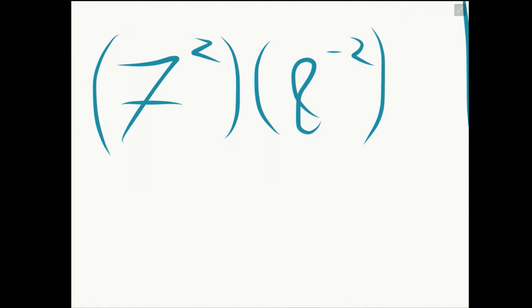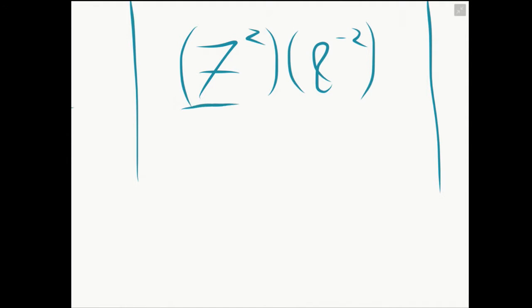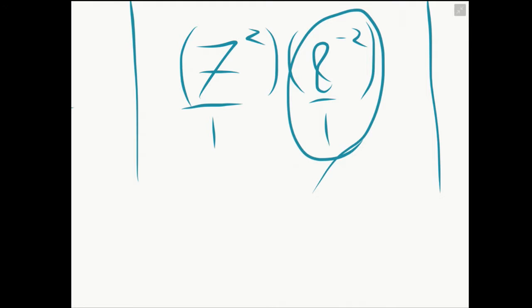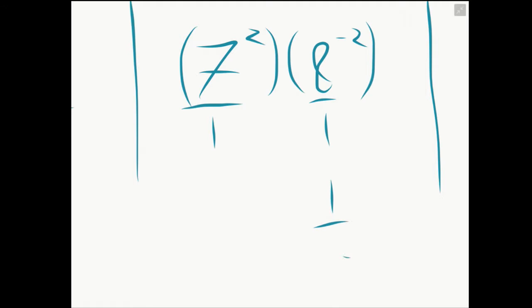Well, we always do this, right? We're going to take the reciprocal of 8 over 1, which is going to give us 1 over 8 squared, since once again the negative gets erased and the exponent sticks with the base. While 7 will remain 7 squared over 1.